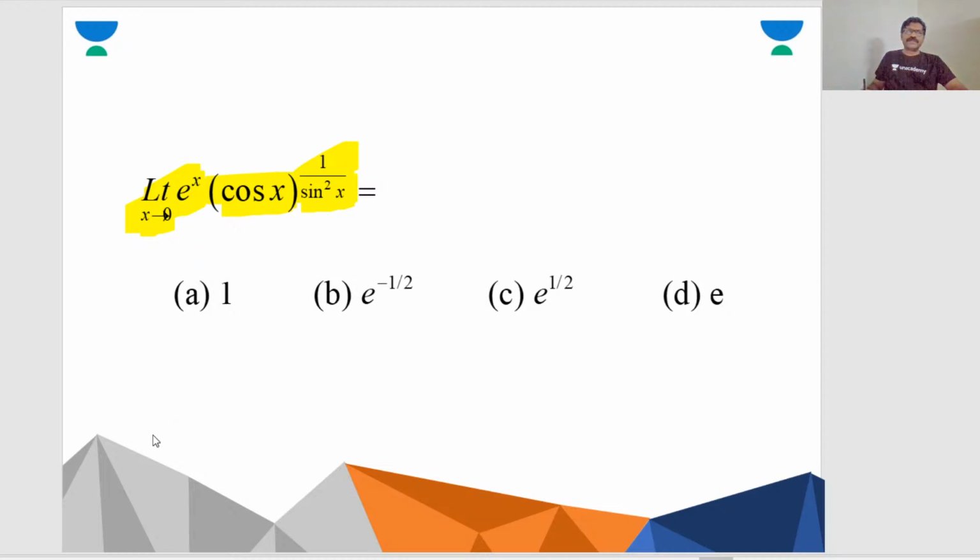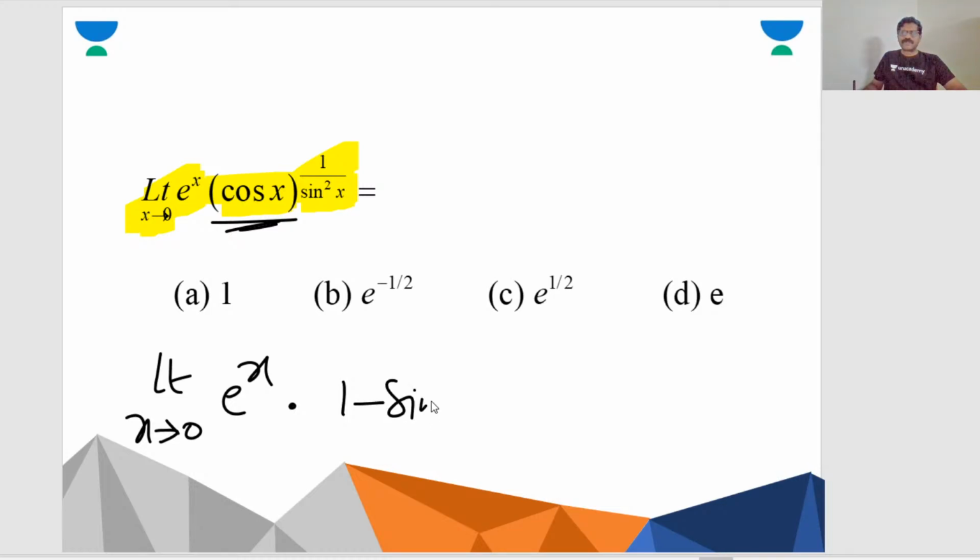I am going to write limit x tends to 0, e^x. Cos x can be written as (1 - sin²x) whole power 1/2, to the power 1/sin²x.